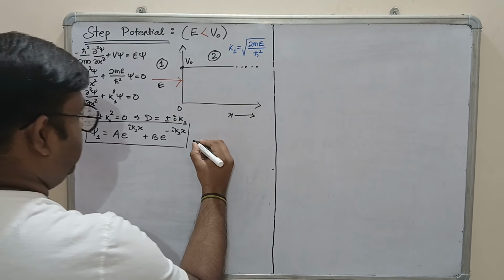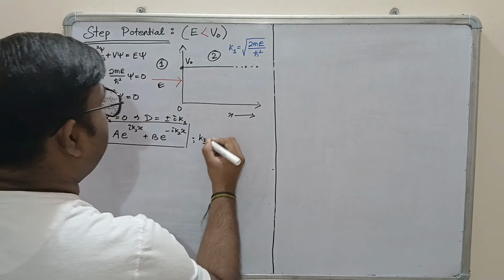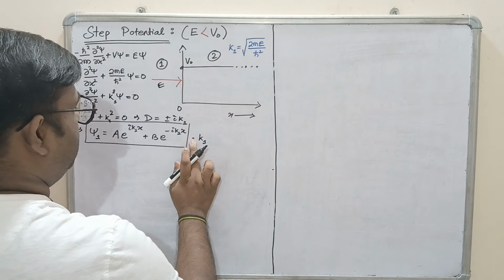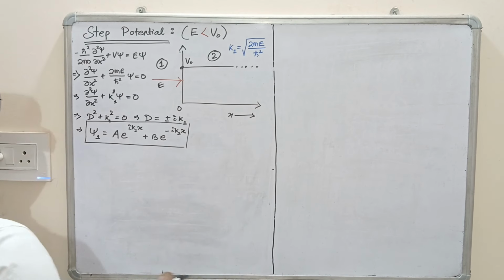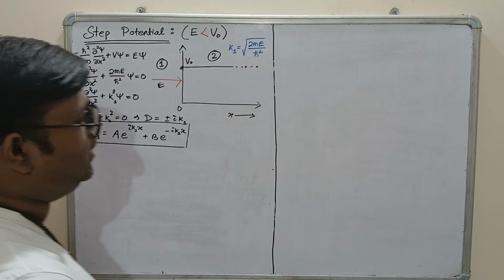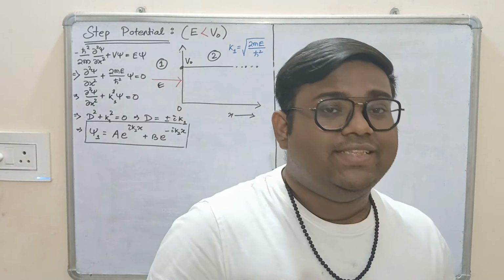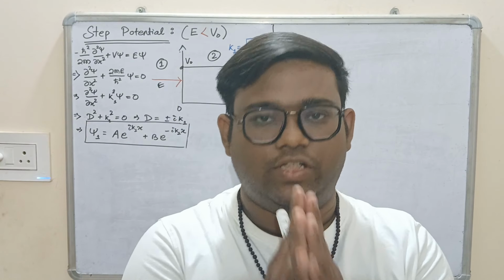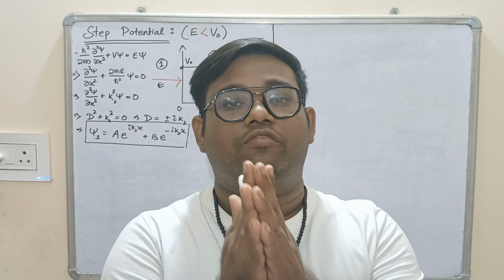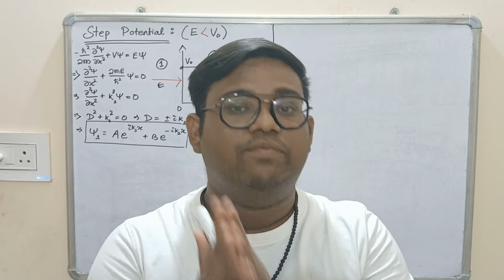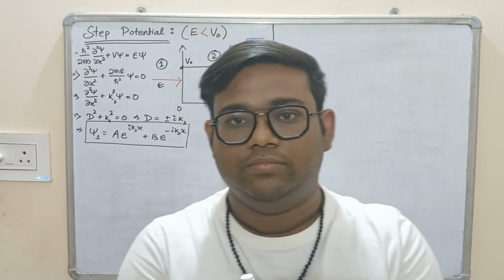What is the k1? k1 is root over 2mE by h bar square. Now what is k1? k1 is your propagation vector. Propagation vector of a wave gives us the momentum.